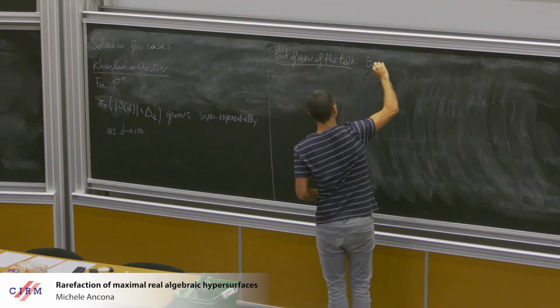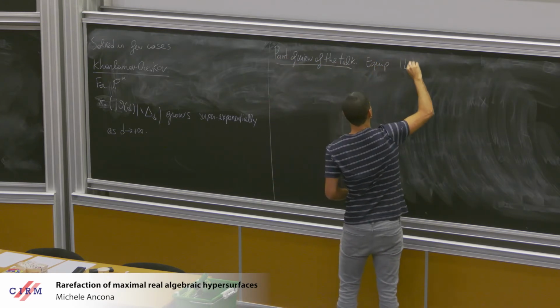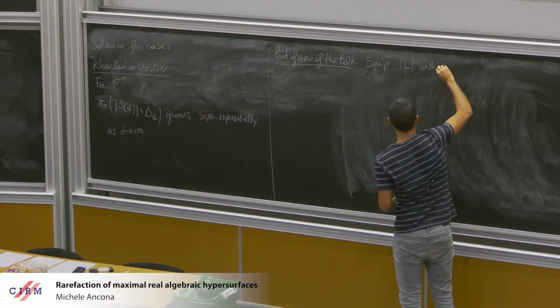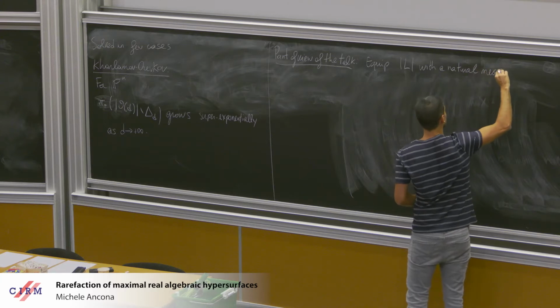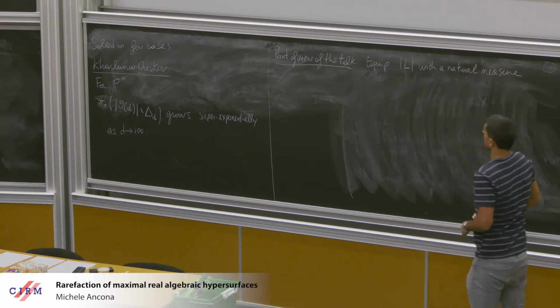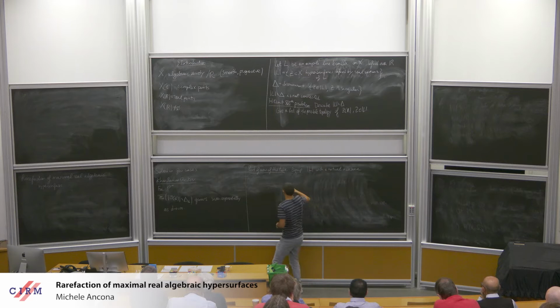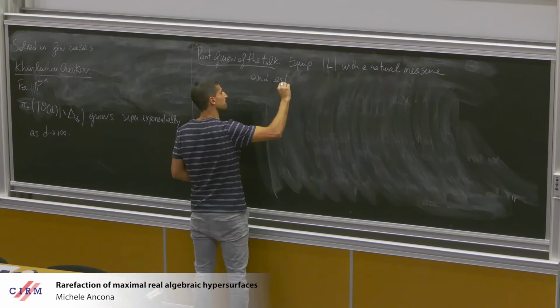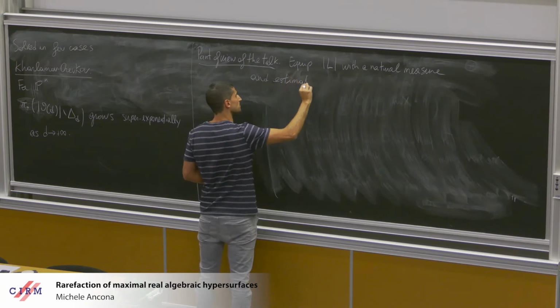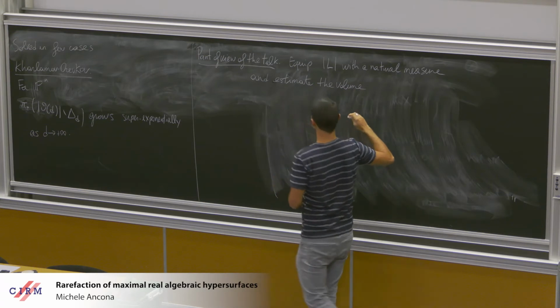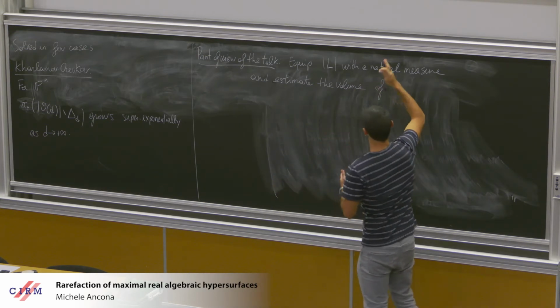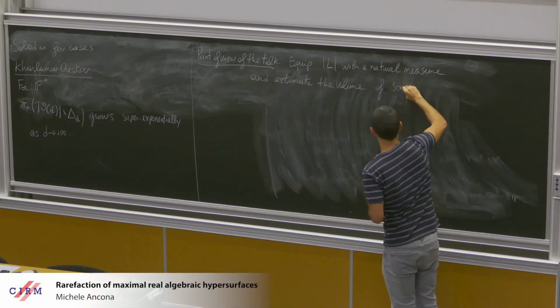So we will equip the linear system with a natural measure, and we will estimate the volume of some connected component.